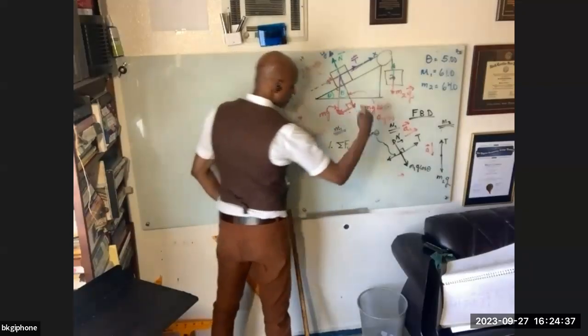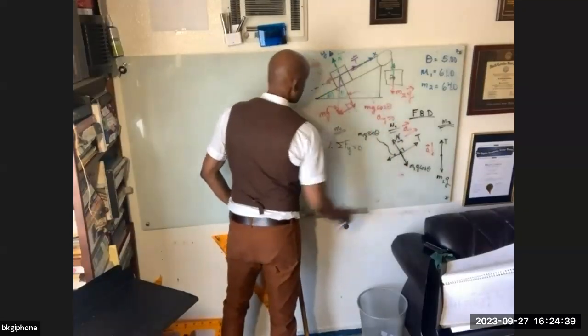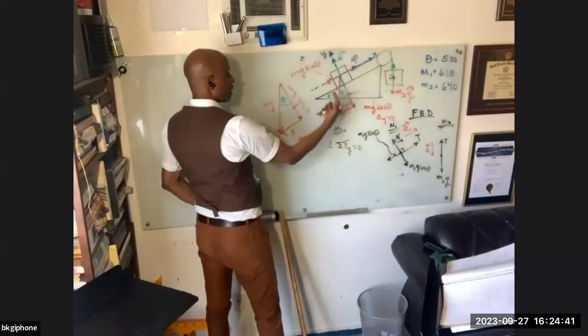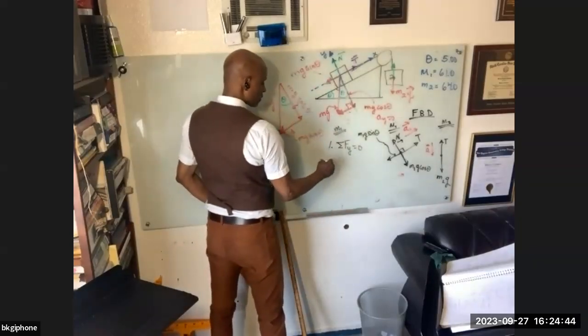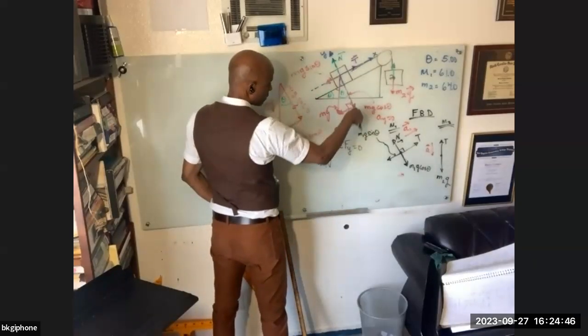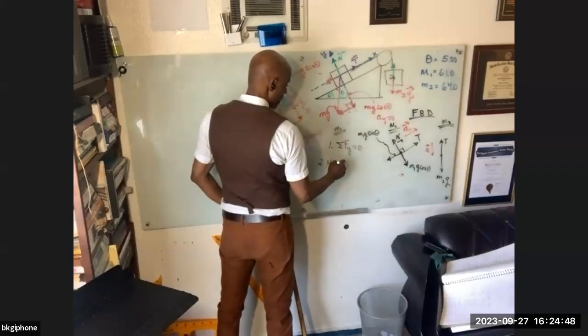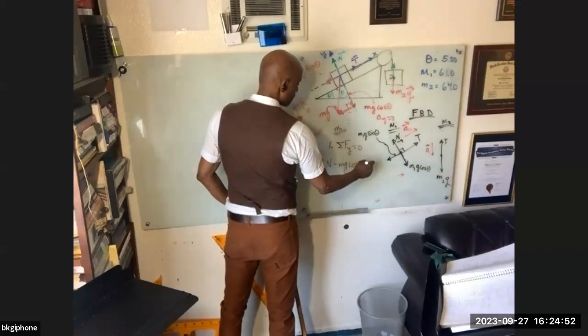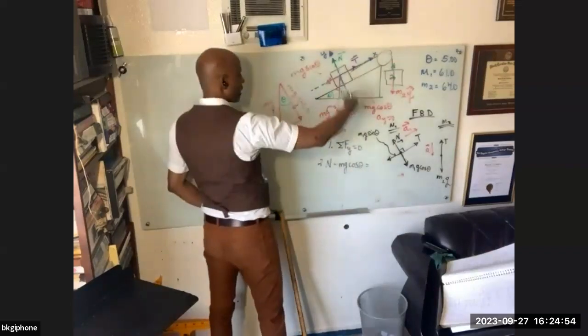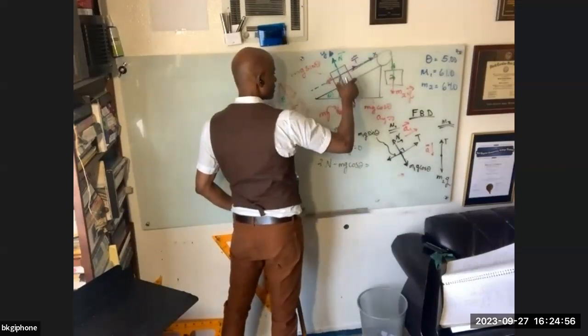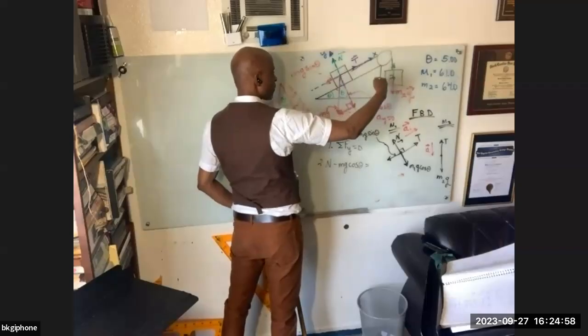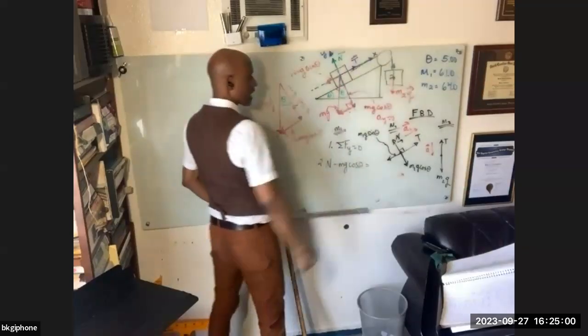In the y direction, I've got up the normal force, and down mg cosine theta, so minus mg cosine theta. They're in opposite directions, and there's no change in motion. So even though it moves up the plane, it's not moving along the y direction because of the way I oriented the axis.